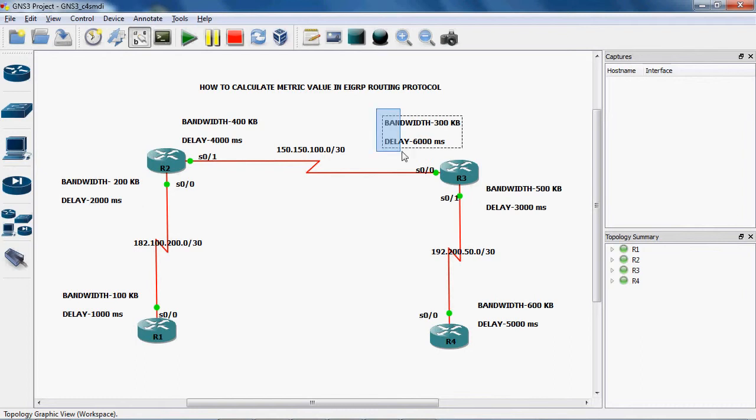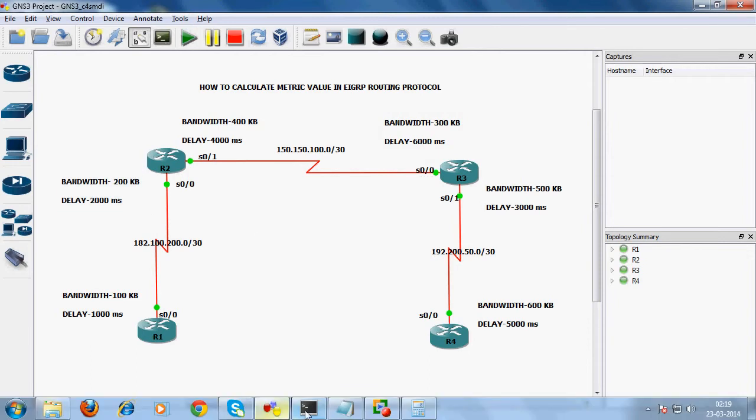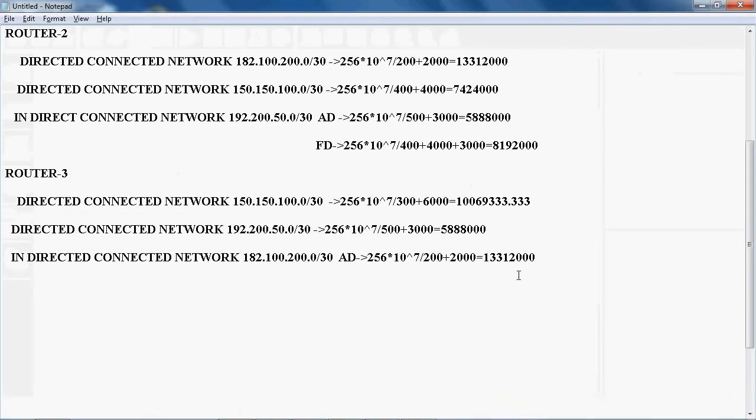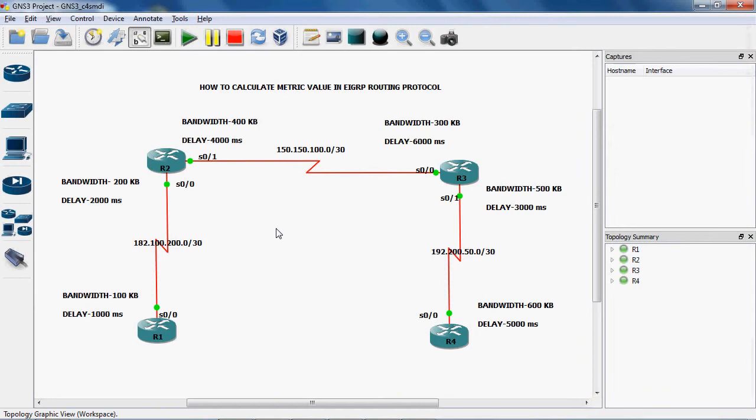So the values are this bandwidth and delay, and this bandwidth and delay. For the feasible distance, 256 into 10 power 7 divided by, okay, if there is more than one bandwidth, we compare the bandwidths and choose the minimum bandwidth.